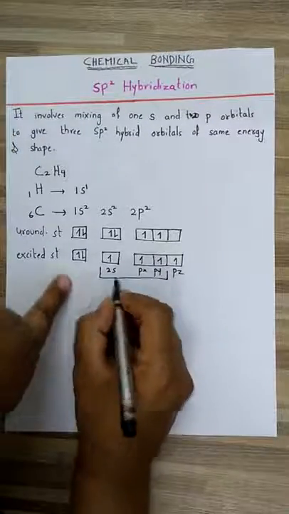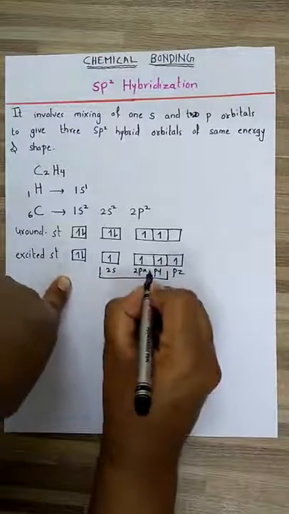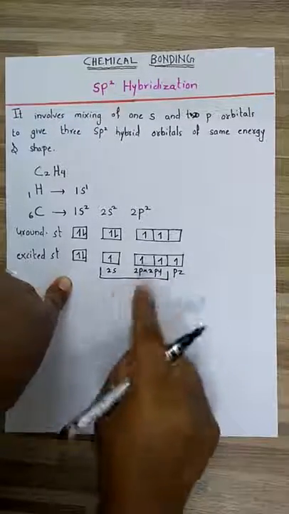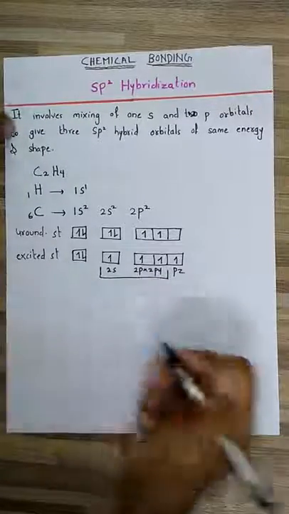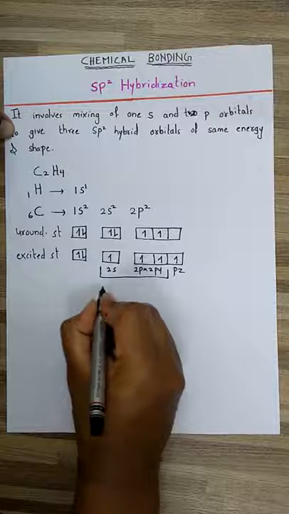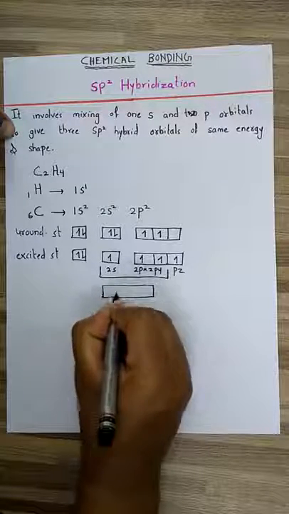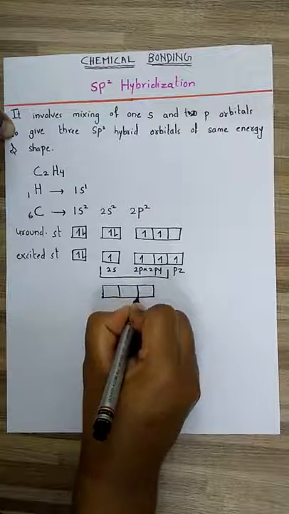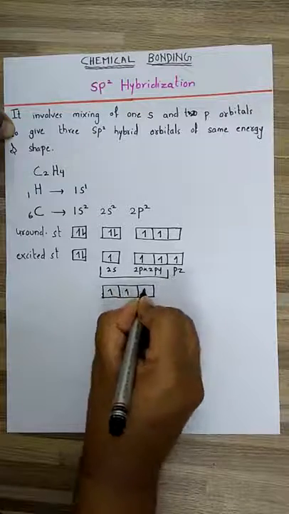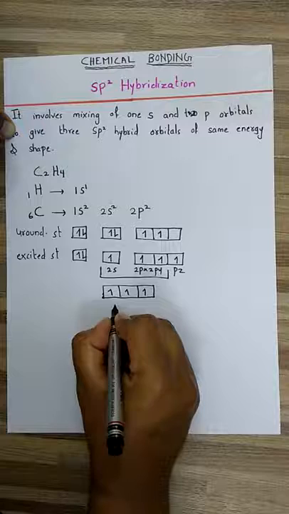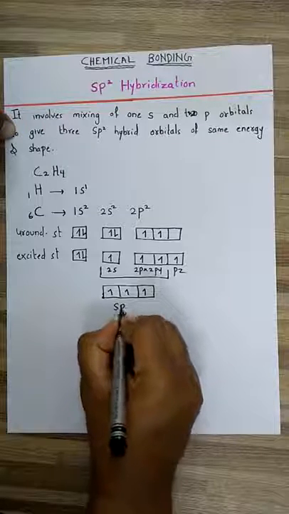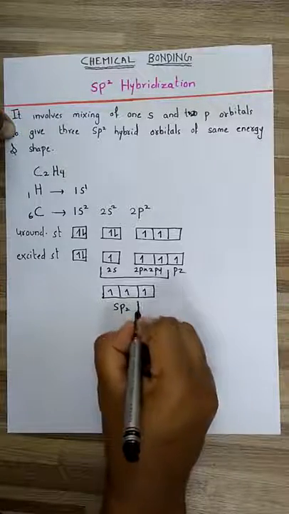So one s orbital and 2 of the p orbitals undergo mixing and recasting to give you 3 hybrid orbitals of same energy and shape, and we will have sp2 hybrid orbitals.